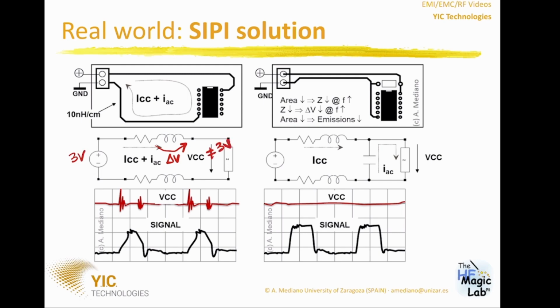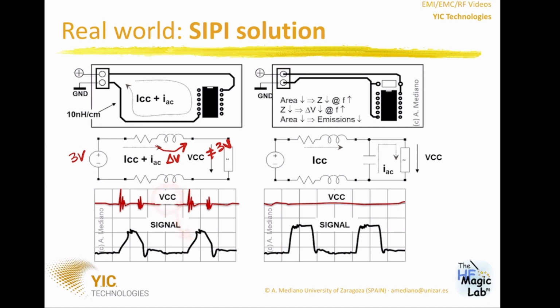You have 3 volts affected by the voltage drop. This is what you can see in the image below in the left column. The voltage is distorted, and as a consequence, the signal in the output, our square wave signal, is distorted.